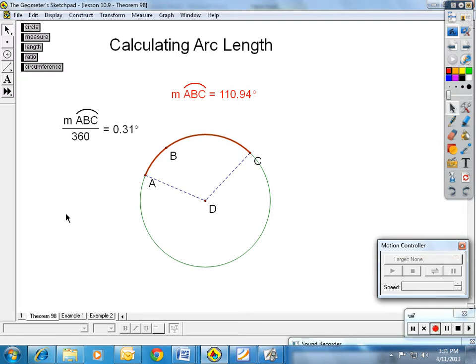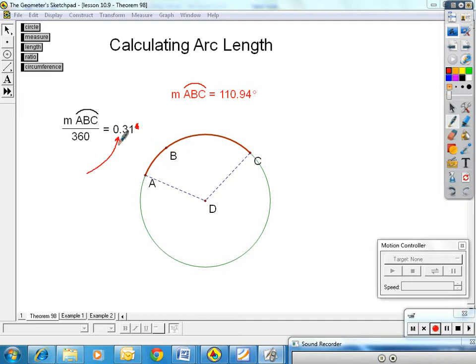What have I found when I divide those? Well, I get 0.31 in this case. Now, the units here are a little bit messed up. It's not degrees. You can think about this as the percent of the circle covered by the arc. In this case, 31% of the circle is covered by the arc.